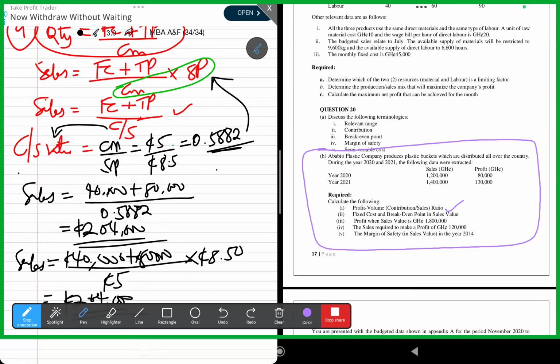It's just like one of them. It says Abba Plastic Company produces plastic products, but they didn't bring their production. They brought sales units. They brought the amounts. So you use the high and low method as well.